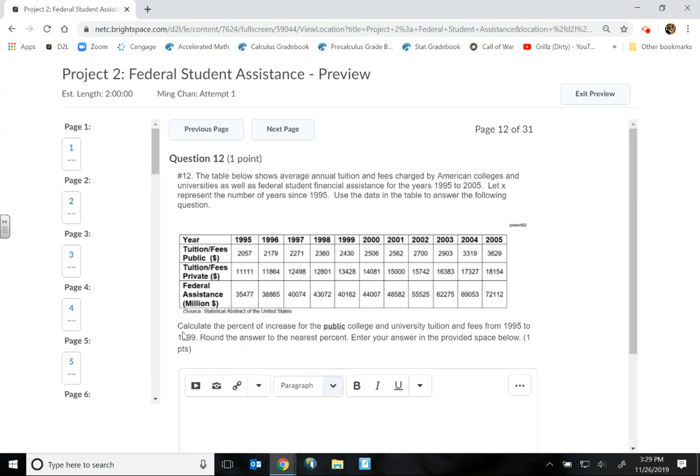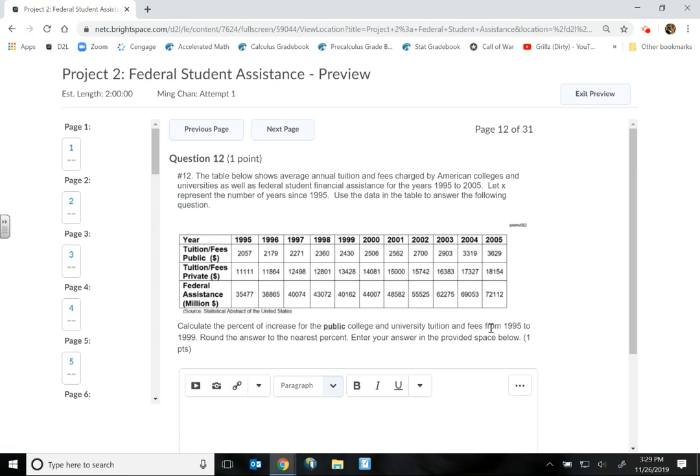For every one of these questions that says calculate a percentage increase, in order to find the percentage increase, I need you to find the actual increase of the year it is asking, and then divide it by the year that you are from.